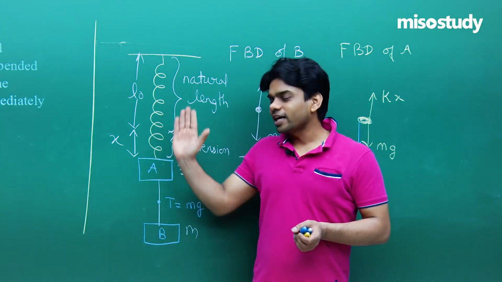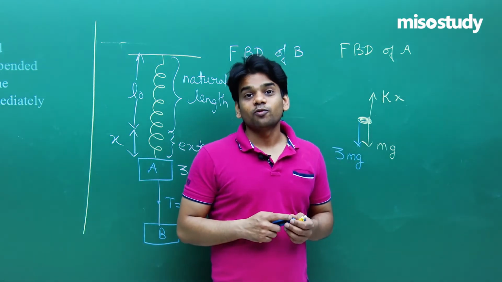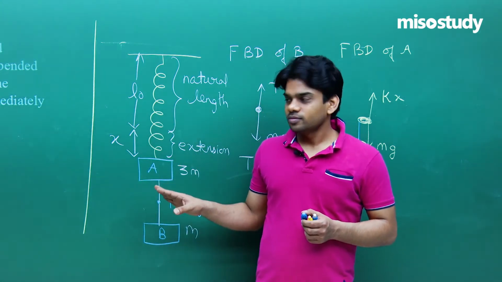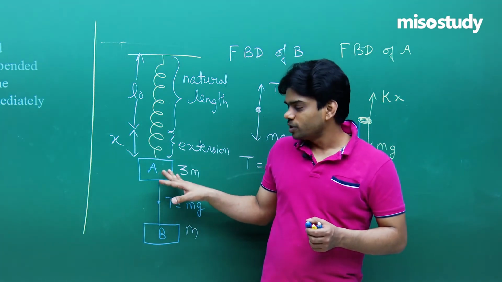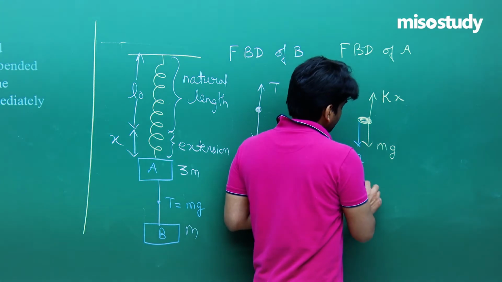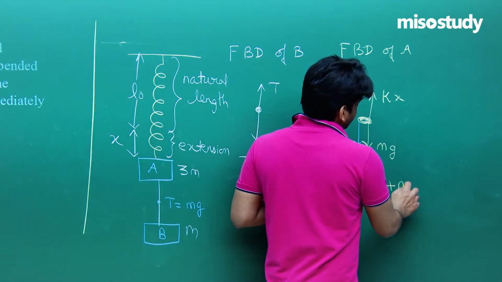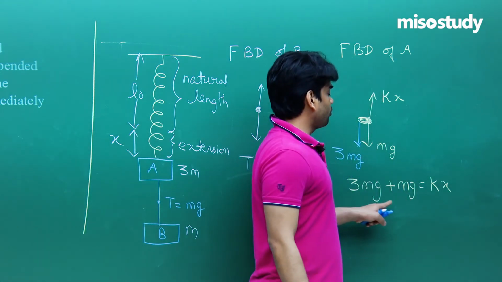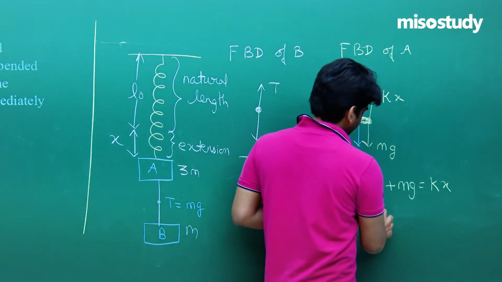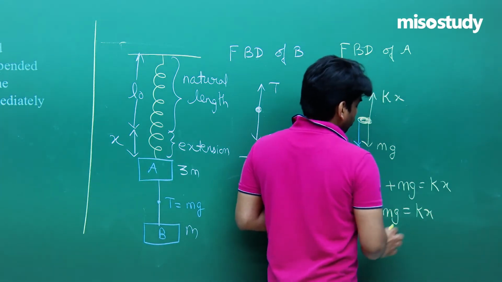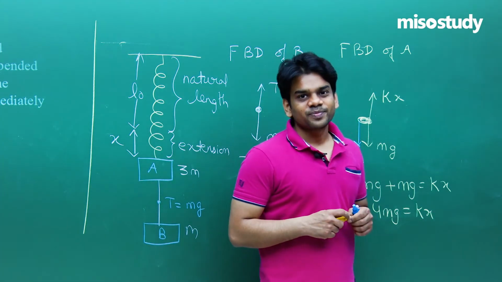Due to the spring, Kx will be acting upwards. Now initially the system was in equilibrium. This object A is in equilibrium. We can write that 3mg plus mg is equal to Kx, or 4mg equals Kx. This is what we can write initially.